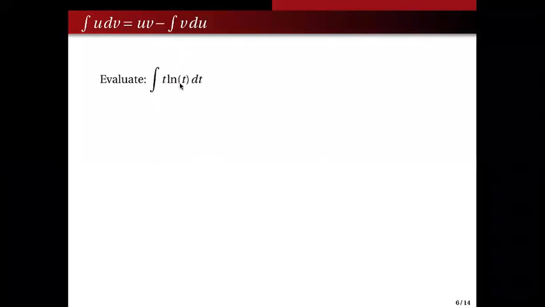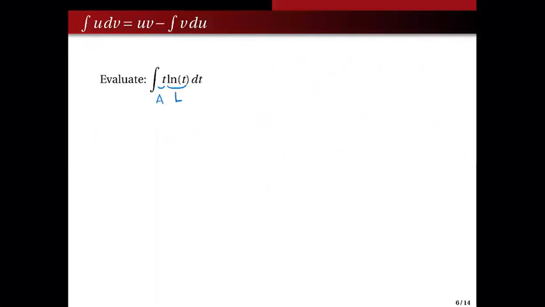So we want to integrate this t ln of t dt. And notice you have here logarithmic, so I'll use capital L instead. This is your capital L. And then the other guy, of course, the t here, it's polynomial, so it is algebraic.